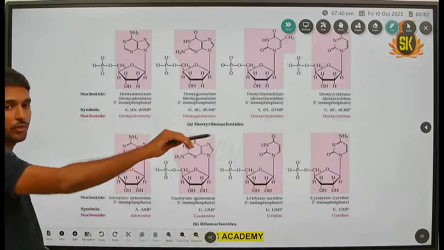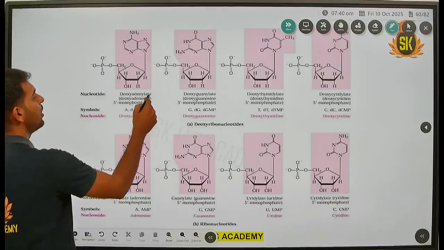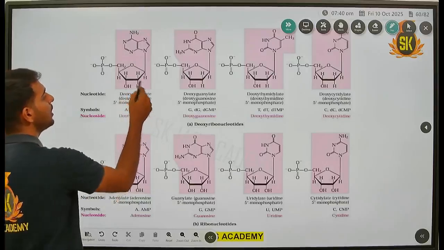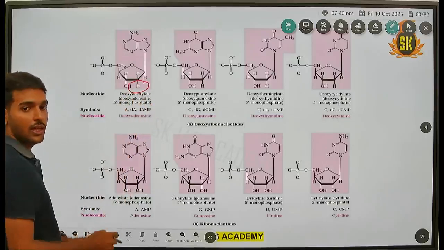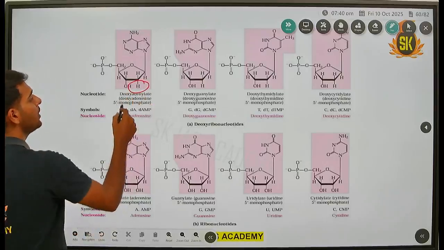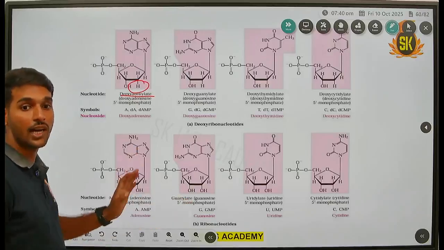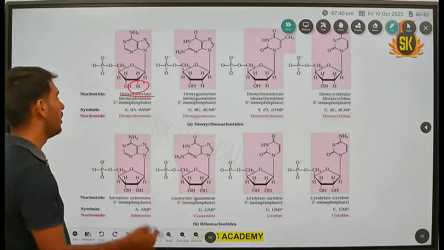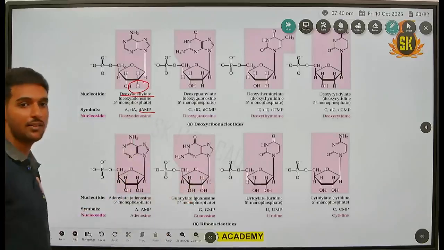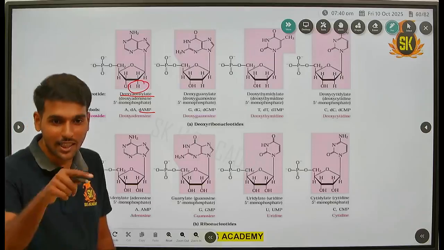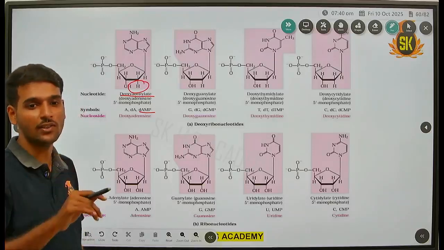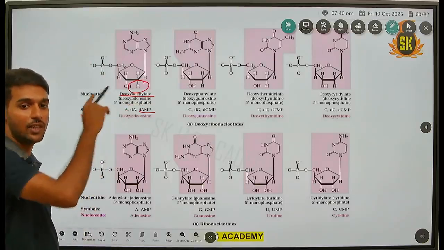So these are different types of nucleotides. Since it is a deoxyribose, it will be called deoxyadenylic acid or deoxyadenylate, or dAMP. The d in lower case suggests it is a deoxyribose.